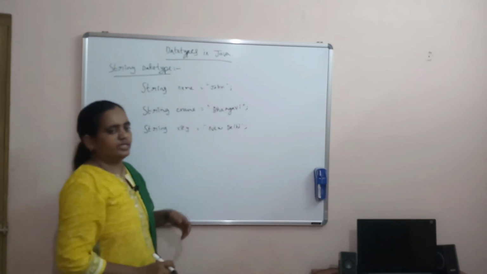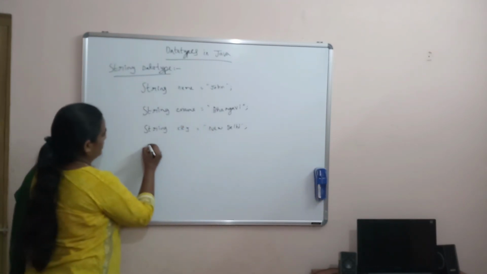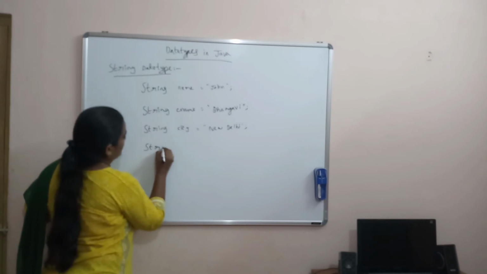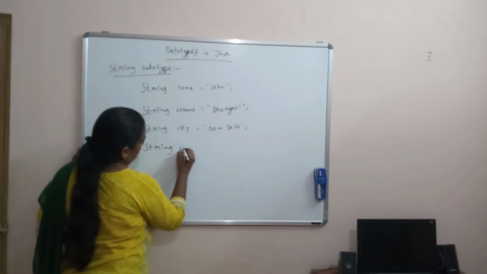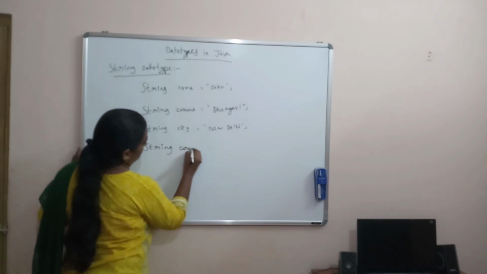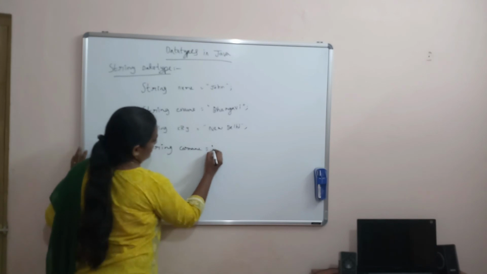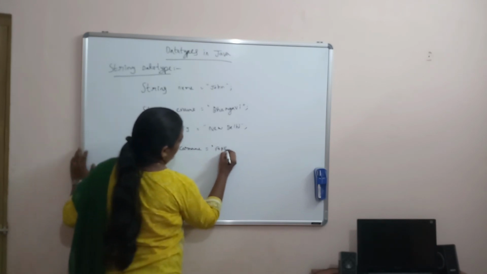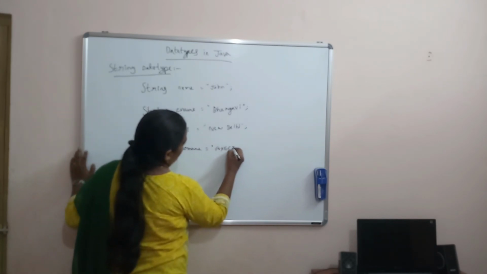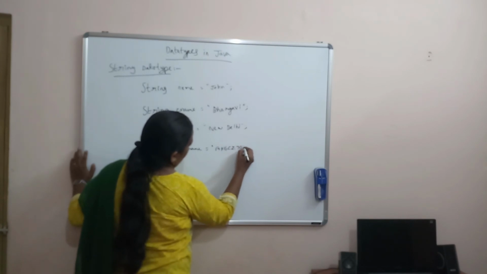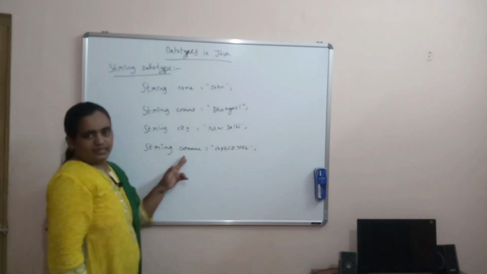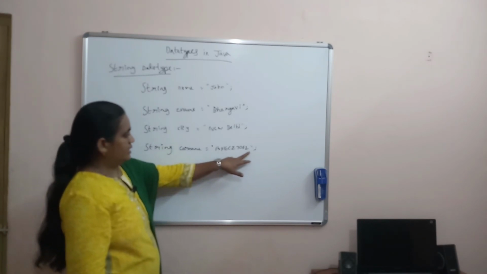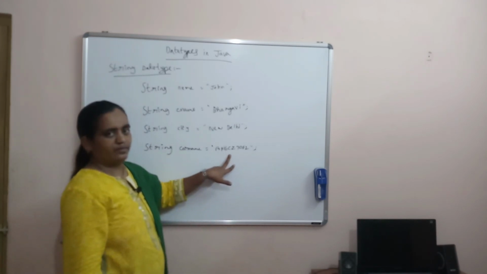I would like to save a car name also. Car name is a mixed number of alphabets and numbers, like a nameplate, suppose AP16 CZ7062. We can declare this car number also like this, we can take a string.